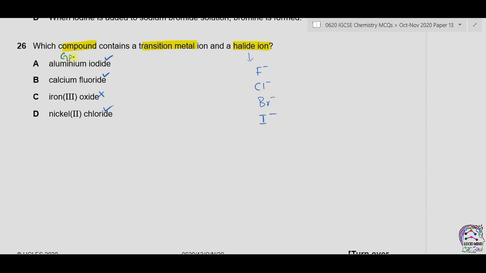Aluminum belongs to group 3 of the periodic table and it is not a transition element. Calcium belongs to group 2 in the periodic table and again it is not a transition metal. C is iron 3 oxide. It is a transition element but oxide is not a halide ion. D is nickel 2 chloride. This is also a transition element and chloride is a halide ion, so therefore D seems to be correct.